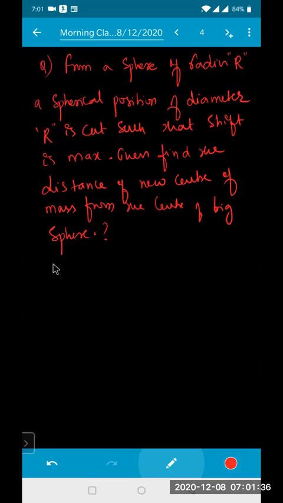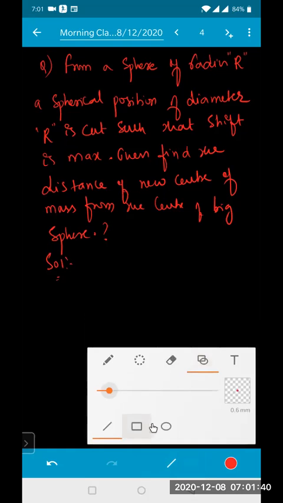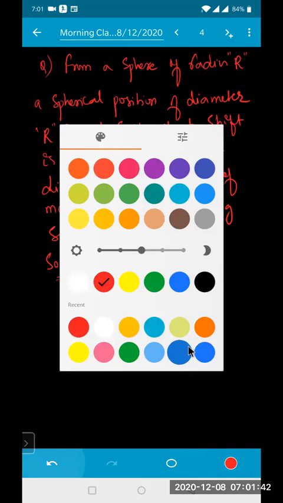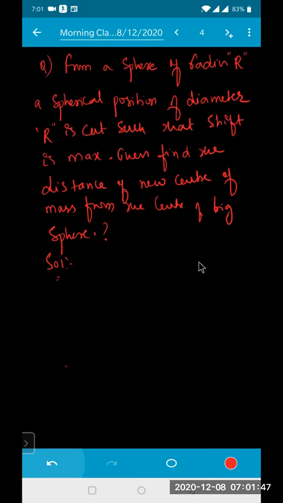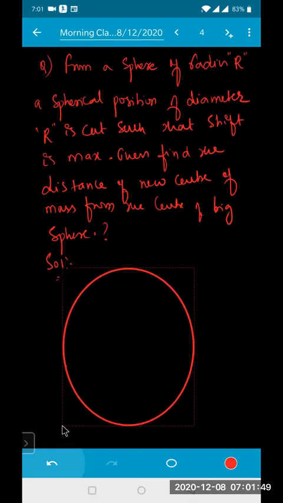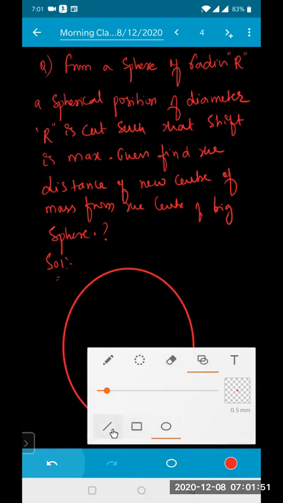We got a sphere, like this, one is your sphere.